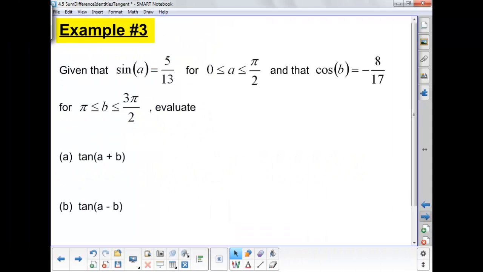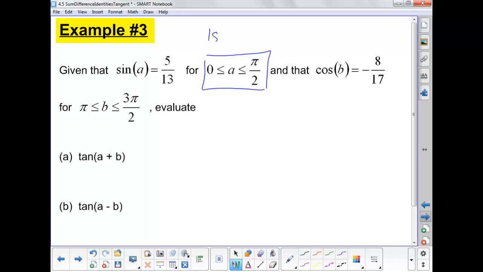Okay, final example for today, and we have done questions similar to this the last two lessons, so same basic idea. We're now just incorporating tangent, the sum and difference of the two angles, because we hadn't had a chance to do that until now. We're given that sine of angle A is 5 over 13, and specifically that angle is between 0 and pi over 2, so picture that being the first quadrant.